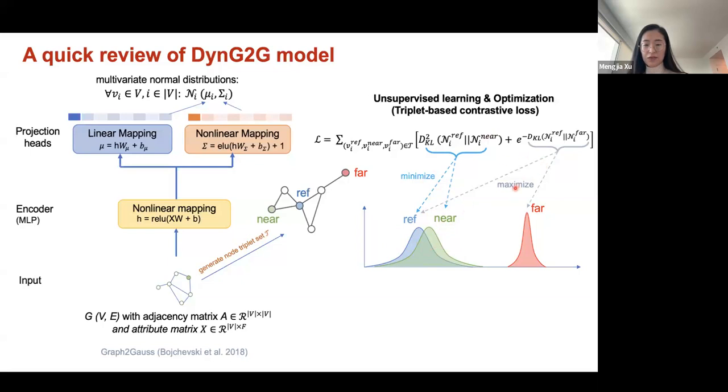And then we want to maximize the dissimilarity between the reference node and the farthest node using the KL divergence. Here, N_i represents the multivariate normal distribution for each graph node in the latent space. So this is basically a triplet-based contrastive loss, and we use the Adam optimizer to optimize the whole model.